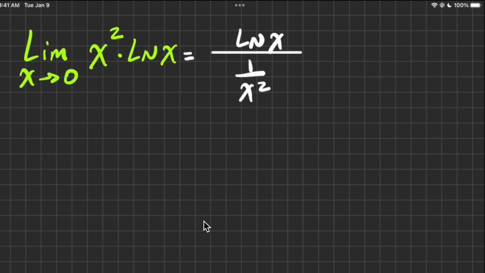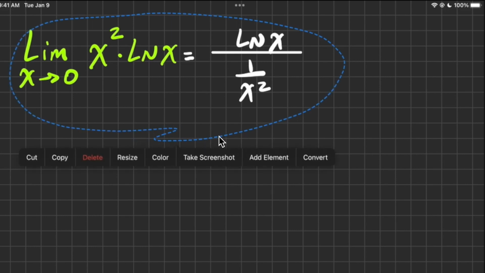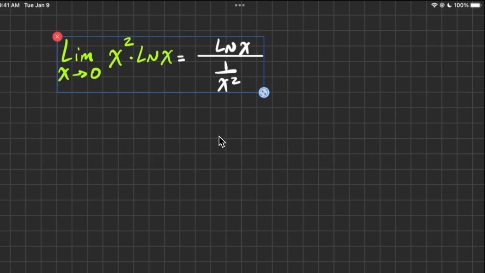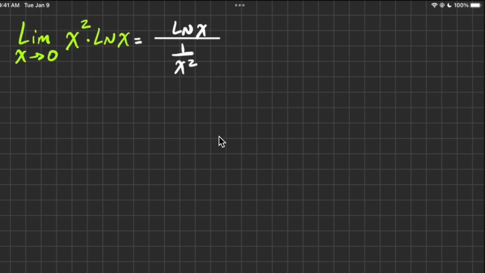Now, we are going to take the derivative of the numerator and the denominator. We are not going to use the quotient rule. When I originally created the new expression in white, I left it as a fraction because I find it easier to get the intuition of a limit when I'm dealing with a fraction.